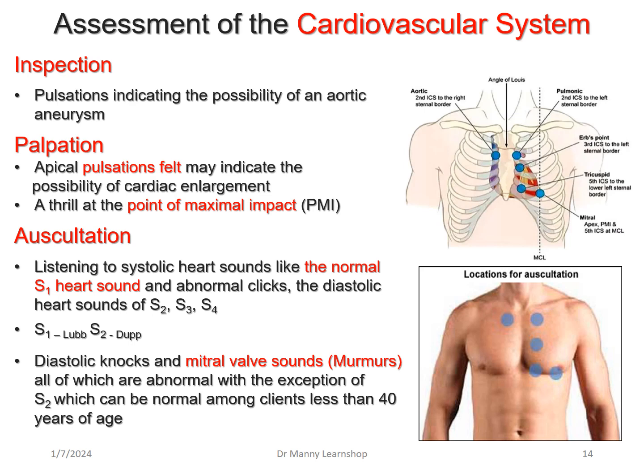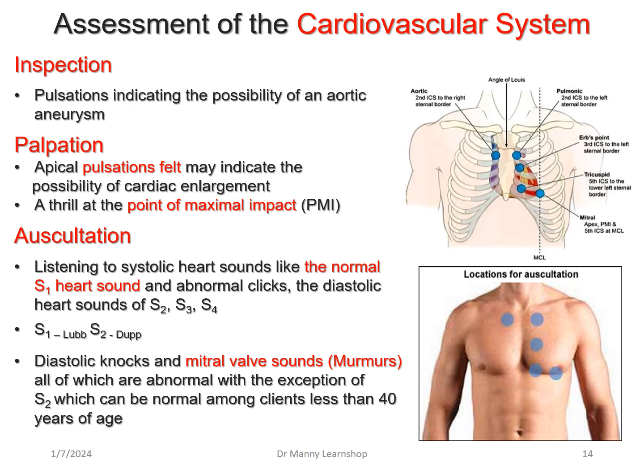Or you could be looking for abnormal pulsations in the umbilical region. Palpation deals with apical pulses which may be felt, again at the point of maximal impact, located in the midclavicular line in the fifth intercostal space on the left side of the chest.